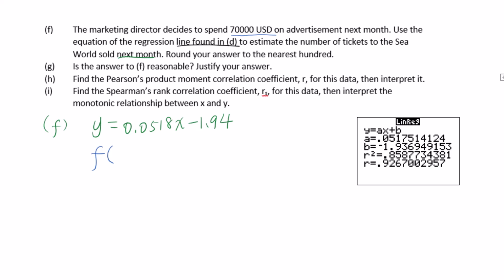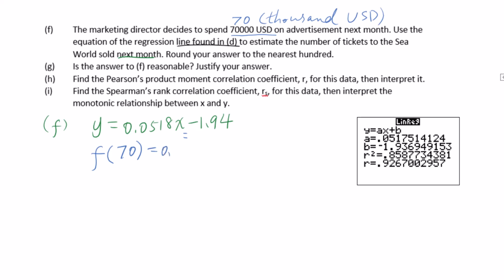Remember, x is 70,000 USD. So it's not 70,000 that you plug into this equation. You need to put 70 instead of $70,000. You have to be very careful of the units.